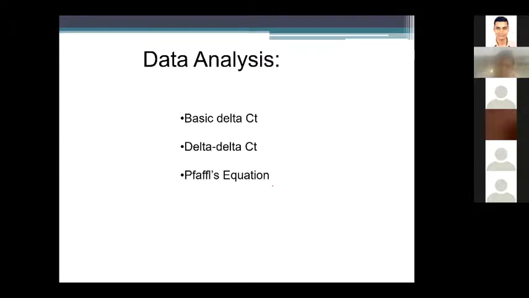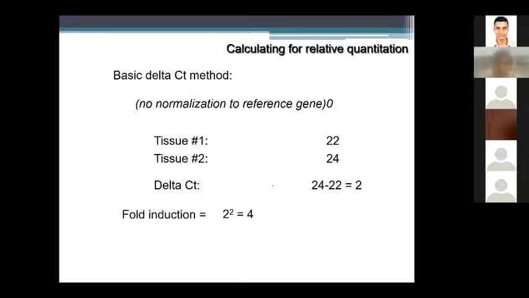The basic delta CT method involves just calculating the relative quantification on the basis of different tissues. For example, one tissue shows a Cq value of 22, and another tissue shows a Cq value of 24. So delta CT is just the difference between the two tissues, and it is not normalized with the reference gene. So when we get a Cq difference of 2, the fold induction is 4 by this method.